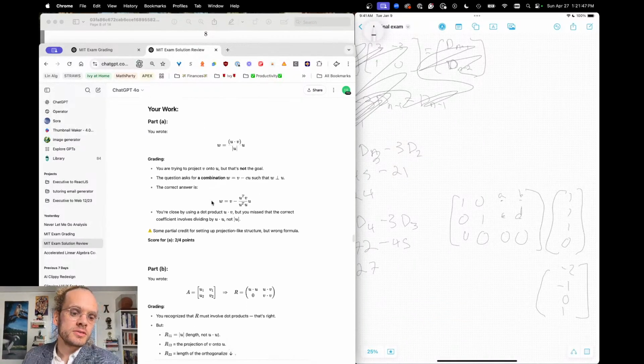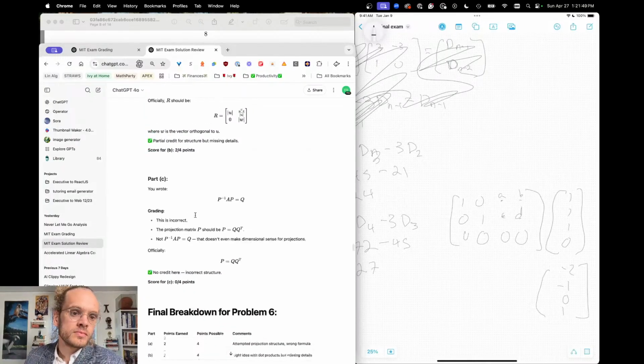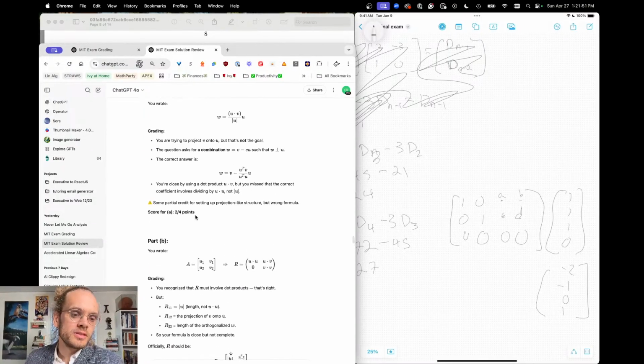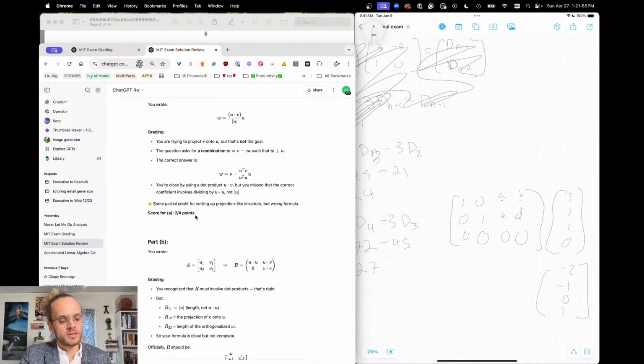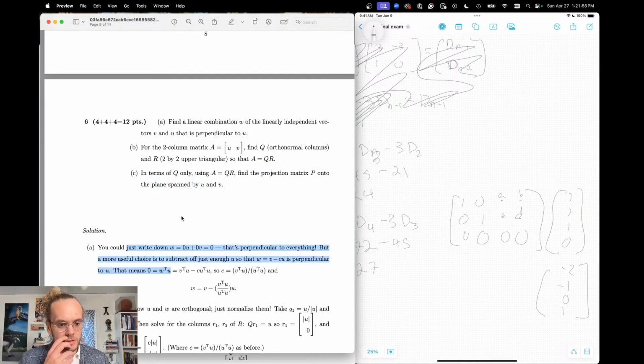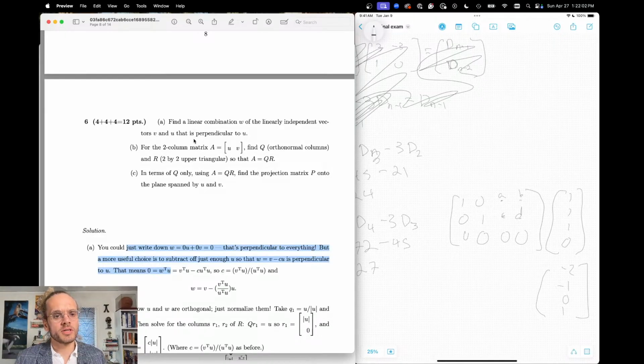Number 6. 0, 2, and 2. So I did something with projections. A linear combination of v and u that is perpendicular to u just means that w equals 0u plus 0v equals 0. That's perpendicular to everything, but a more useful choice is to subtract off just enough u so that w equals v minus cu is perpendicular to u.